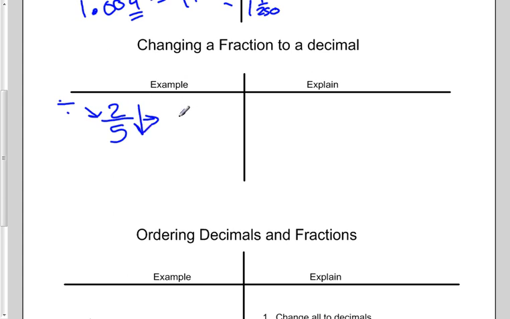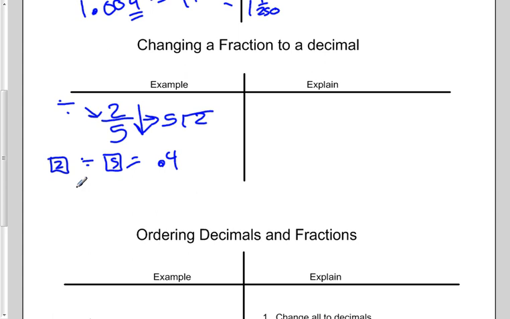So this problem is going to become 2 divided by 5. Now you're going to do this on your calculator. You don't have to work this out. But if I go ahead and type on my calculator 2 divided by 5 and equals, then I am going to get 4/10. So 4/10 is the same as 2/5.